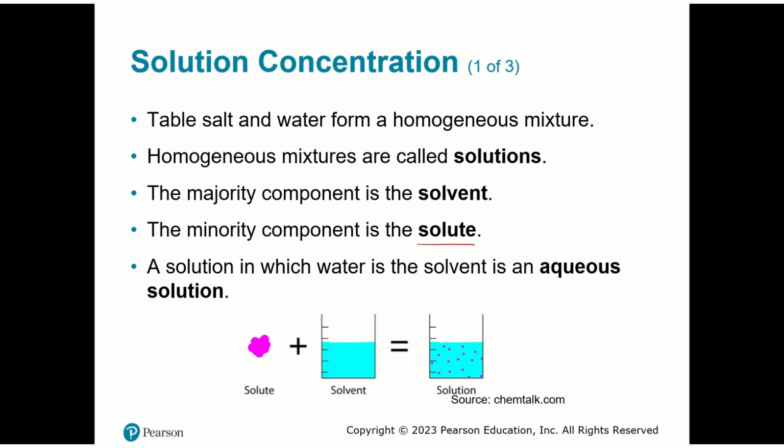In this case, if I'm giving the example of salt, the solute would be the salt, and water is the solvent. We call it an aqueous solution. Remember last chapter that when you write down an equation, you write aqueous for an aqueous solution. This is what that means, when you have water as the solvent.